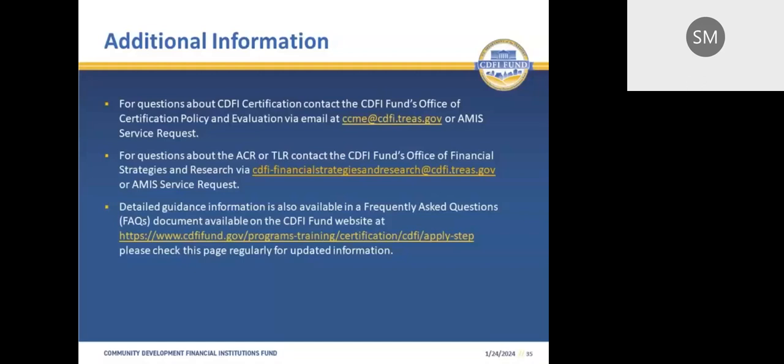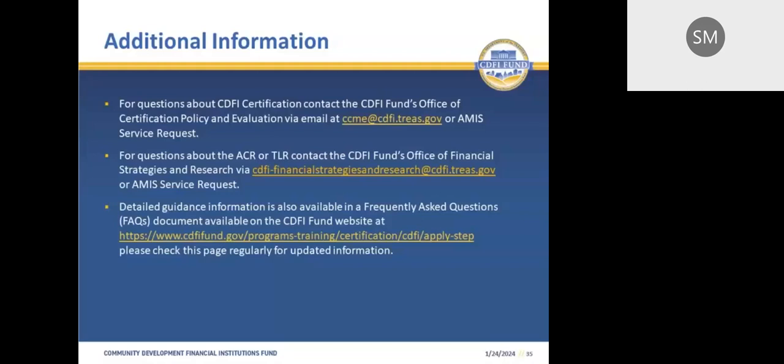For the ACR that's currently open and on your reporting schedules, the target market section is still self-attestation: you tell us yes, for this past fiscal year I'm still meeting the 60%, or if you say no, you provide us with an explanation. There's no TLR being connected to the ACR right now.